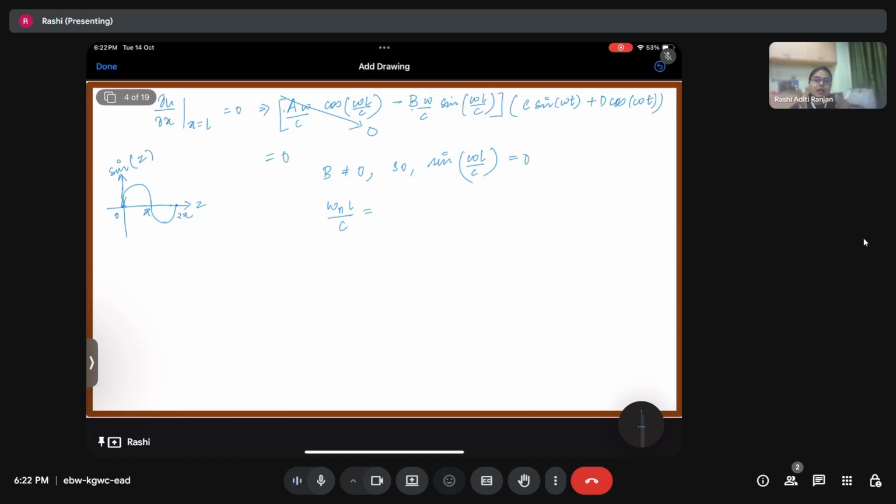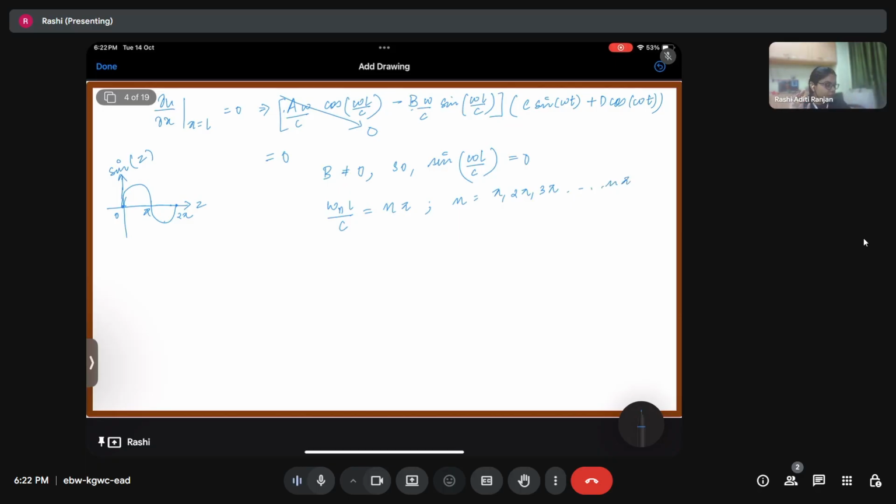So if ω_n L/c equals nπ, then it satisfies our equation, wherein n can be π, 2π, 3π, and so on till nπ. You can write nπ where n tends to infinity.